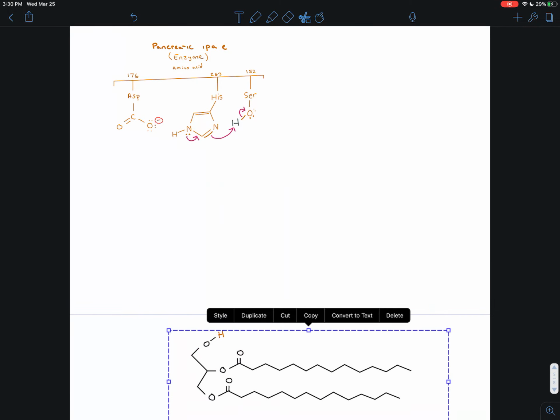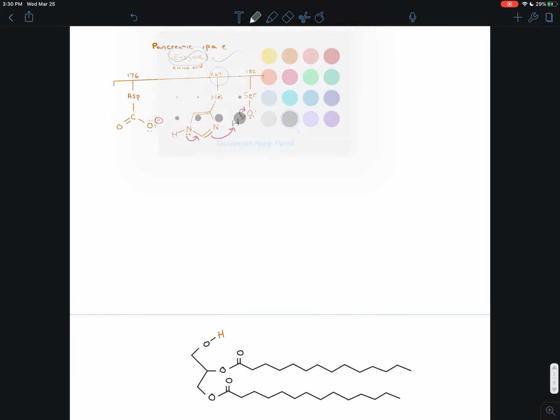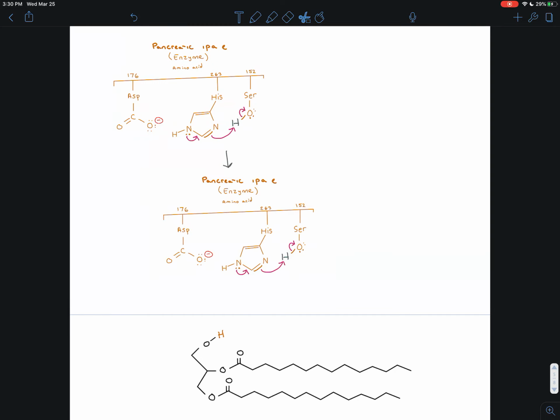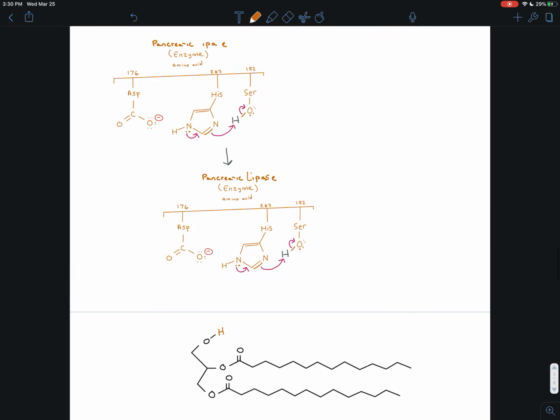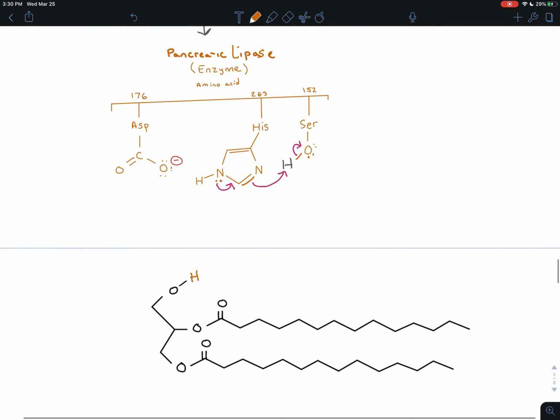So in that first step, we just activate this enzyme. That lone pair becomes a pi bond, pushes these pi electrons to attack this hydrogen.